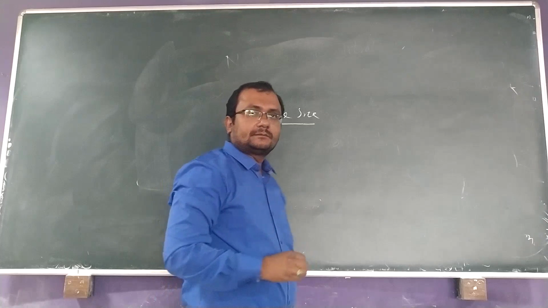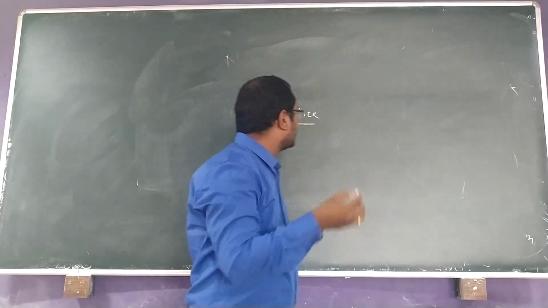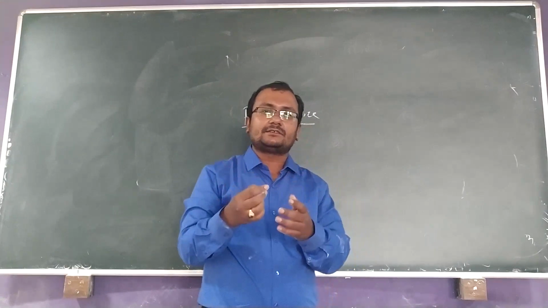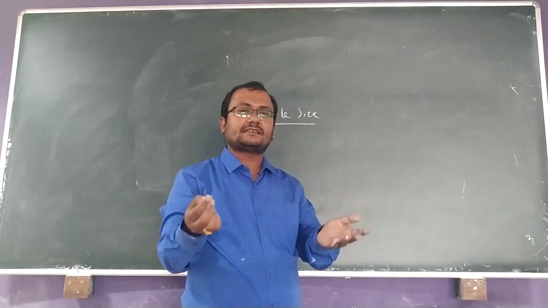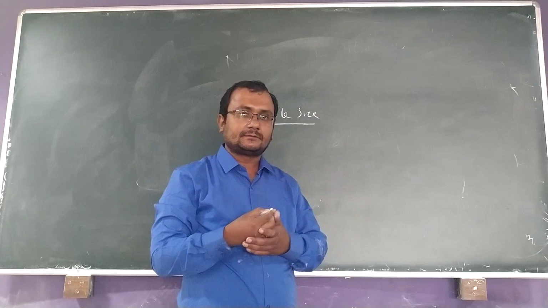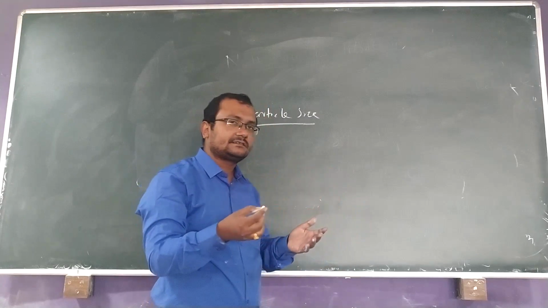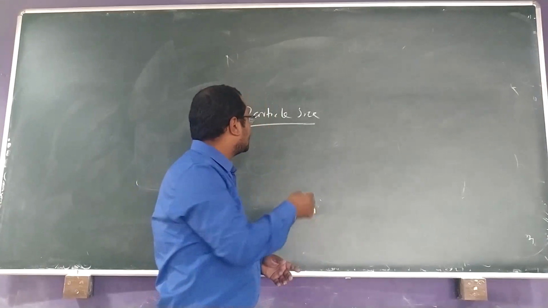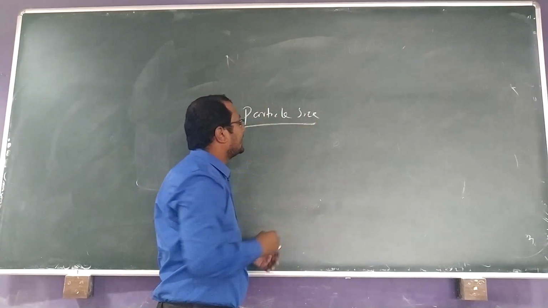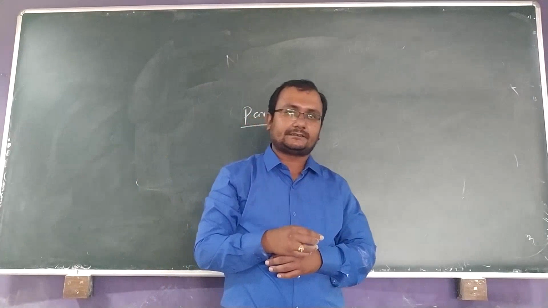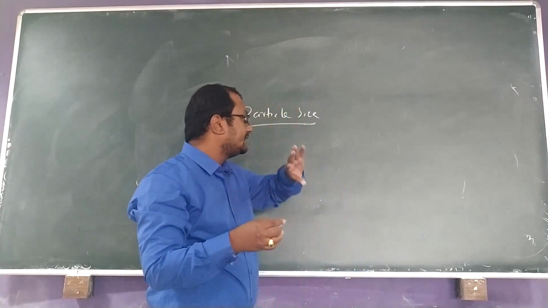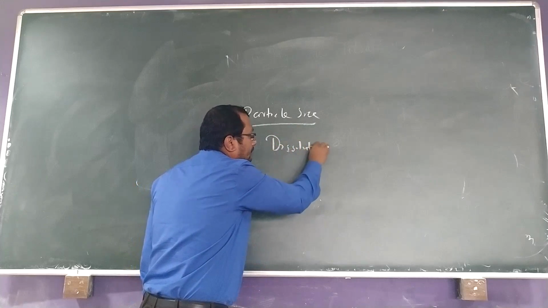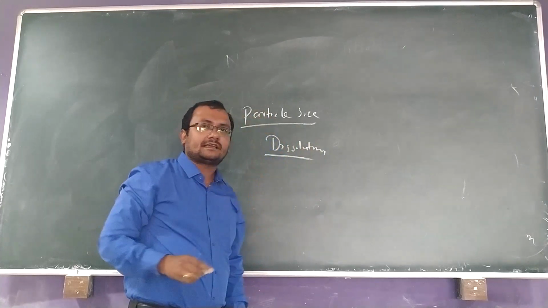This particle size is the most important factor, because when particle size decreases, its surface area will increase, and when the surface area increases, the dissolution and bioavailability also increase. So that's why particle size is pharmaceutically so important. To increase dissolution and bioavailability, we generally consider low particle sizes.